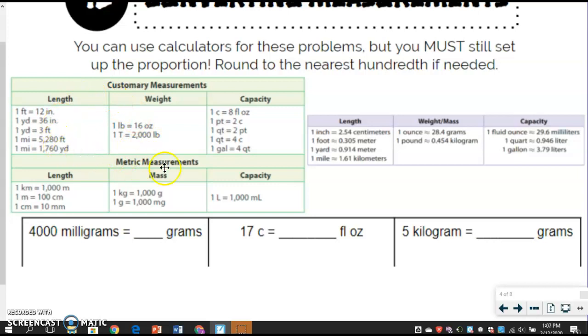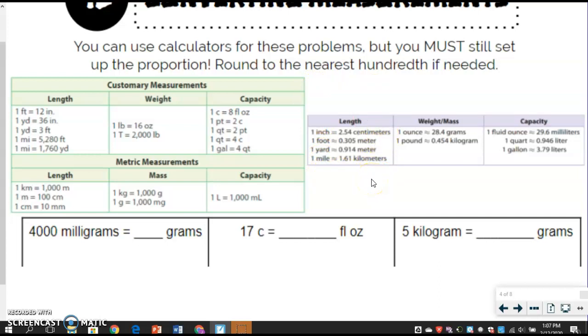Sometimes we'll use this chart, which is within the same system, like feet to inches, pounds to ounces, cups to fluid ounces. That's within the customary system. Whereas with metric, like kilometers to meters, kilograms to grams, liters to milliliters, that is within metric. Whereas this chart is going between the customary and the metric measurements, going back and forth.